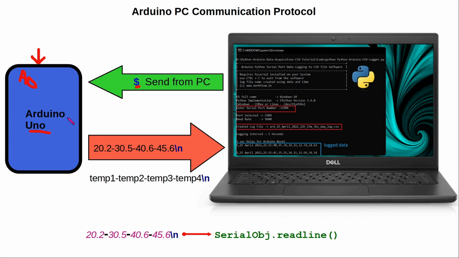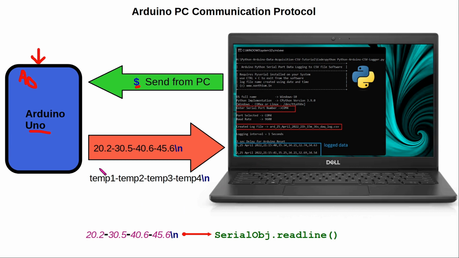On receiving the $ character, the Arduino UNO will read the analog values on its analog pins A0 to A3. Then it will convert it to temperatures. For example, 20.2 degrees Celsius or 30.5, depending upon the temperature at different analog inputs. Now then it will send the characters back to the PC using the serial port or the USB cable connecting the Arduino UNO.